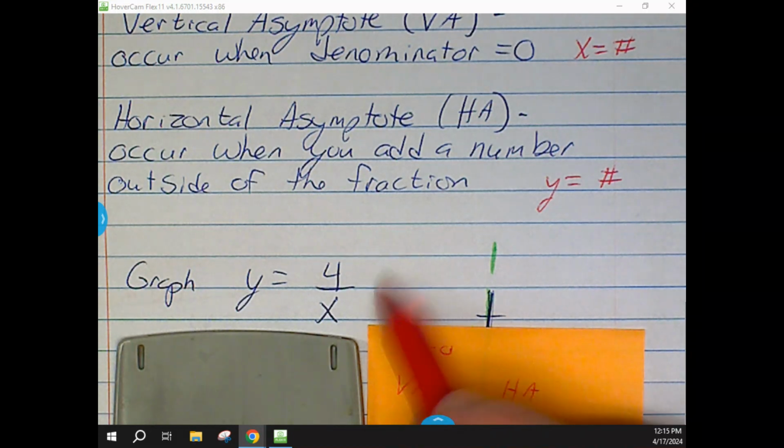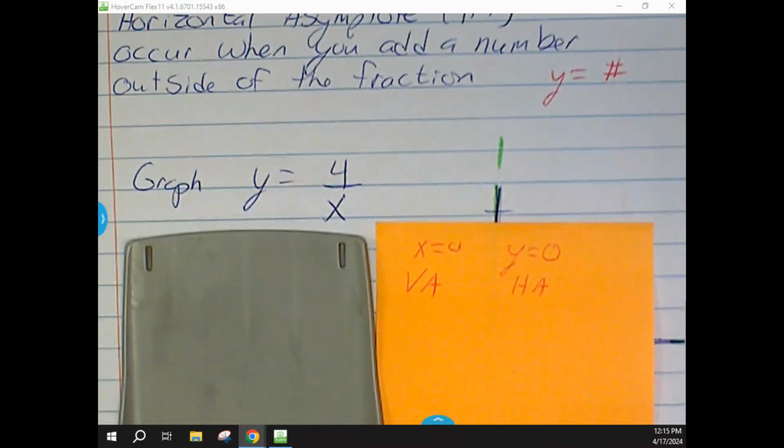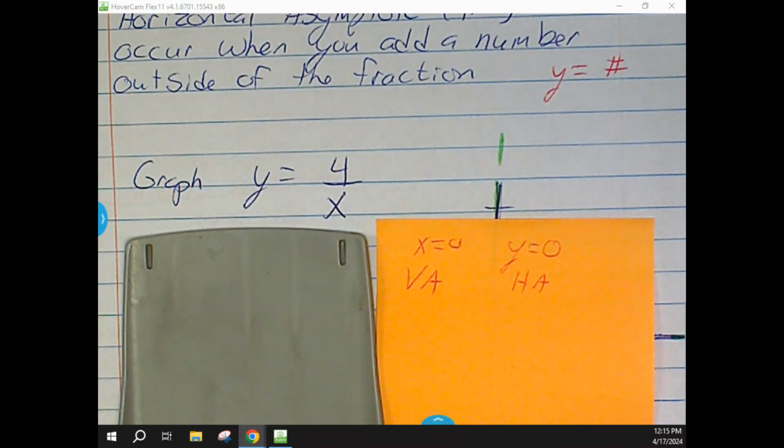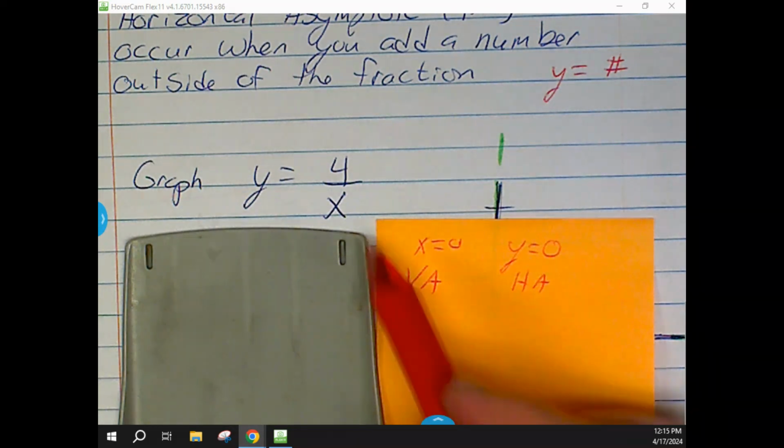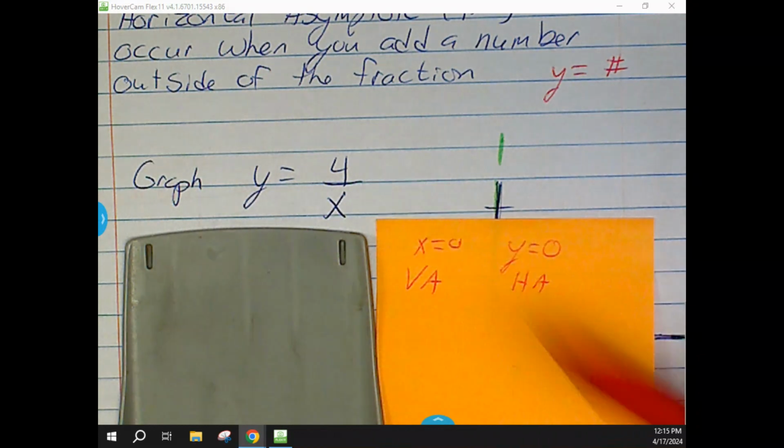So if there's nothing out there, then that would just be a 0. Okay, so that's how easy it is to find the vertical and horizontal asymptote. This one, it's the denominator equal to 0. If there's any number out here, that would be your horizontal asymptote. If there's not a number, then we're going to put it at 0.